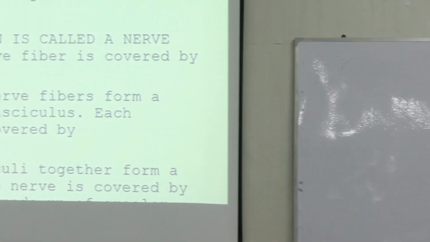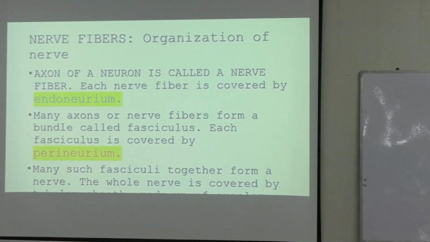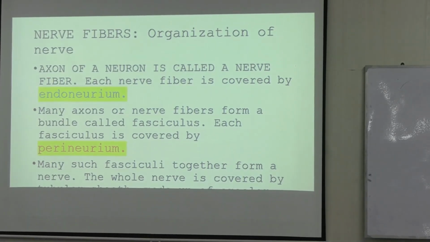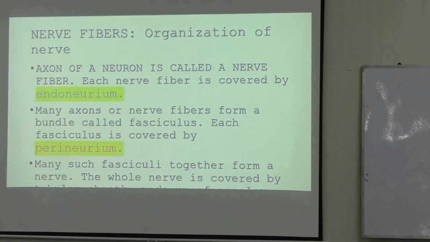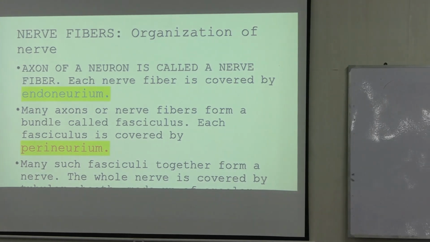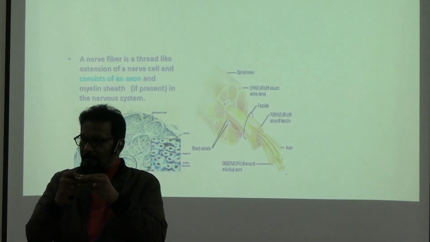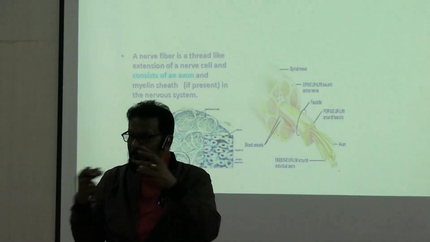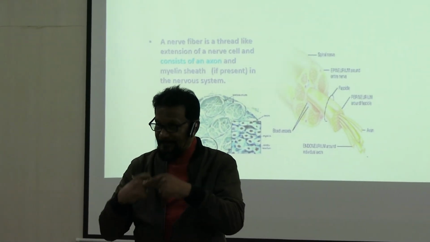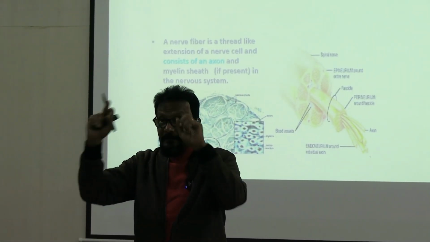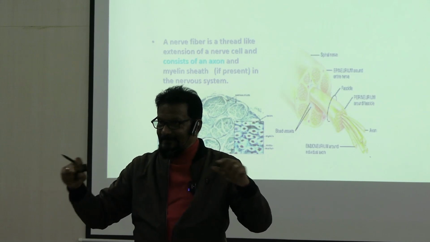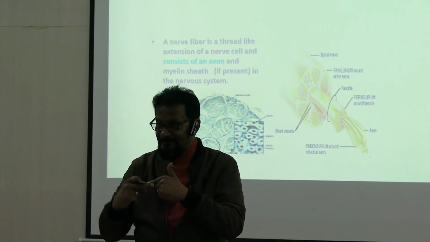So we'll study the organization of the nerve. A neuron has an axon. The axon of a neuron is called a nerve fiber. There may be multiple nerve fibers, multiple axons, bundled together.